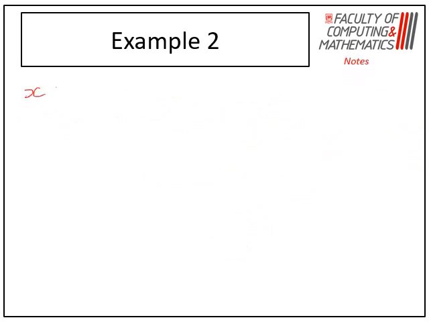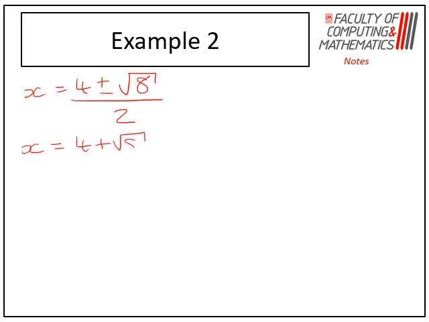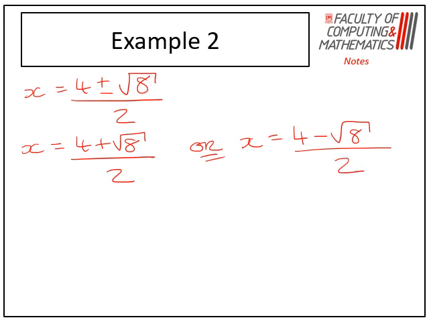So we've got x is equal to 4 plus or minus root 8 all over 2. We're going to have two versions, one with a positive root 8 and one with a negative root 8. So x is equal to 4 plus root 8 all over 2, or x is equal to 4 minus root 8 all over 2.